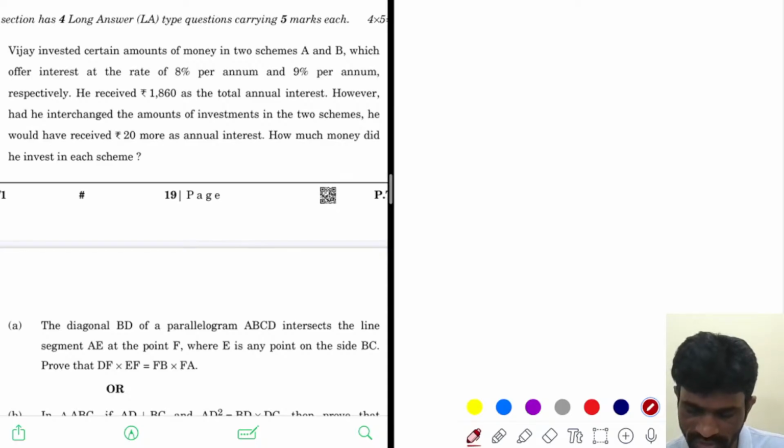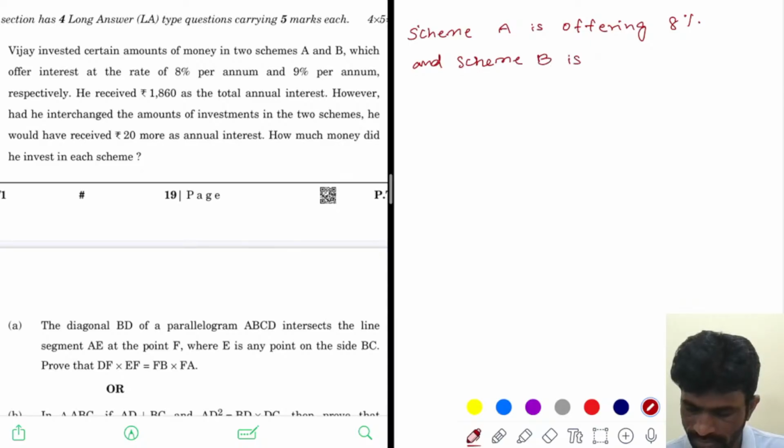So scheme A is offering 8%, and scheme B is offering 9%.